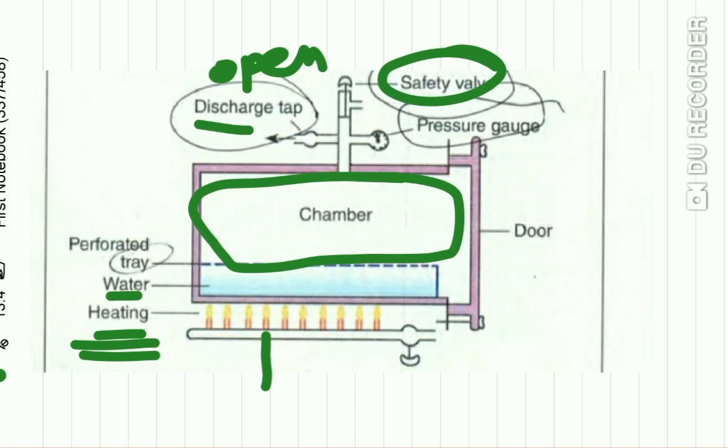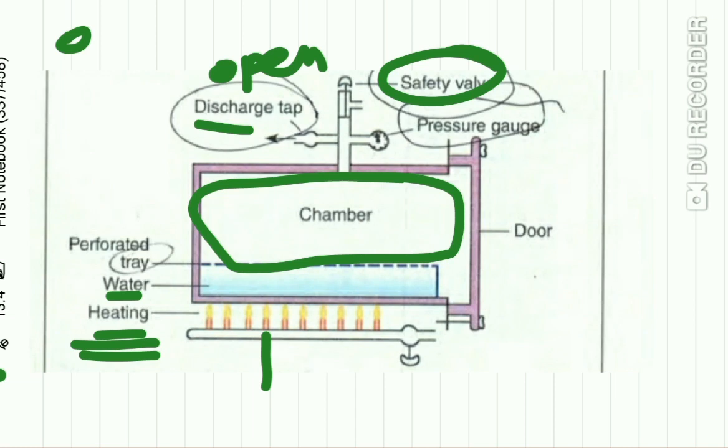This can be tested by leading the escaping steam air mixture into a pail of water through rubber tubing. When bubbles stop coming in that water, it means the entire air inside the chamber has been displaced.